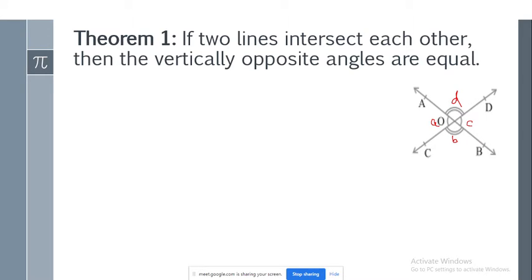If two lines intersect each other, then the vertically opposite angles are equal. We have drawn this and we have verified that, but we need a proof. So we are going to prove this. For that, first we need the given. What are the things given here?